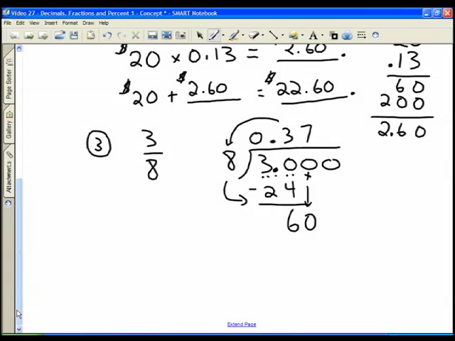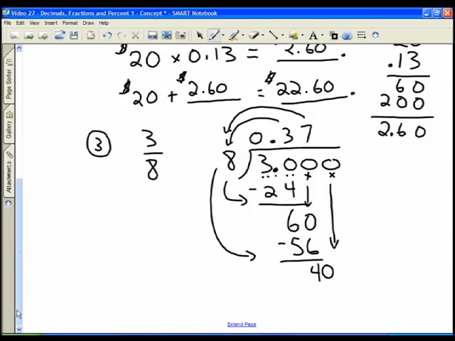And it's going to go 7 times, and 8 times 7 is 56, and we write that result underneath here, 56, and now we subtract. And 60 minus 56 is 4. And now we bring down our 0, and now 8 goes into 40 exactly 5 times, and 5 times 8 is 40. We write that result underneath, and then we subtract, and we get 0.